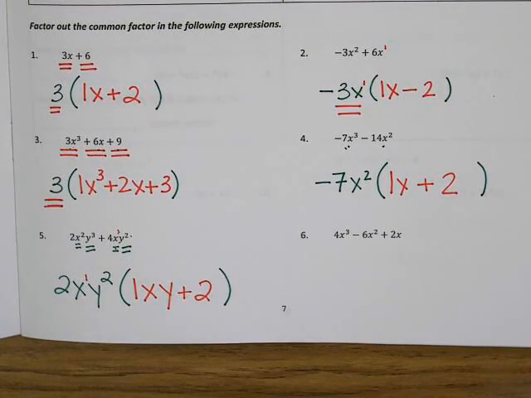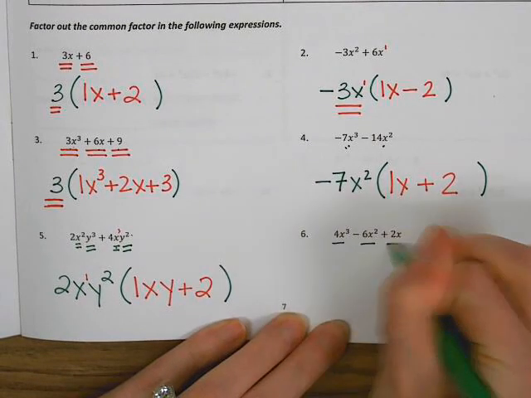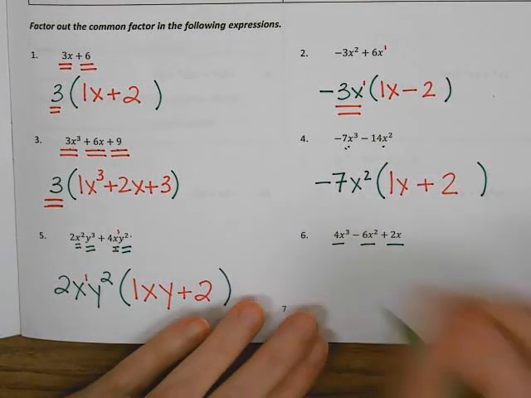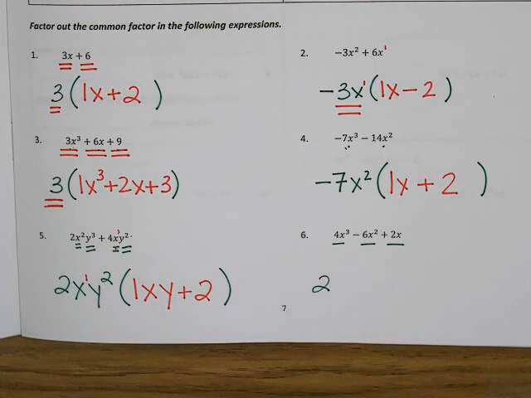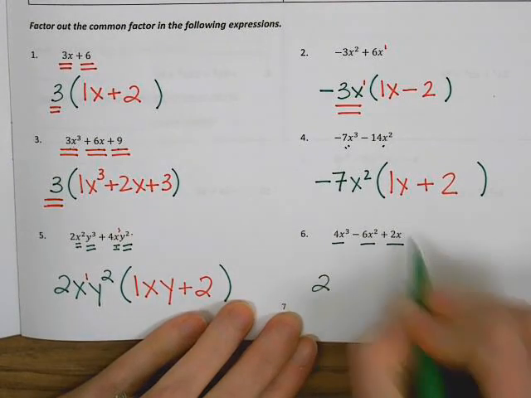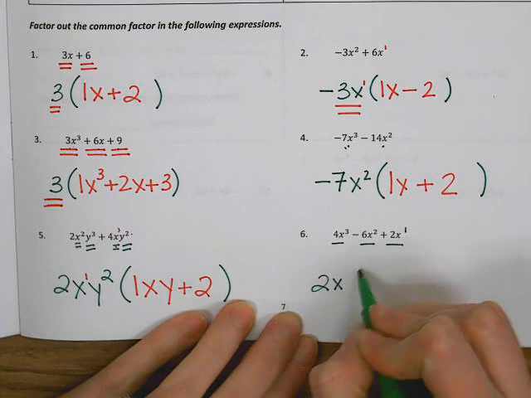Okay, one more, guys. Let's just finish it off. So what is the GCF of these 3 terms? So 4, 6, and 2, the GCF is a 2. And then out of 3 x's and 2 x's and 1x, we can only pull 1x out.